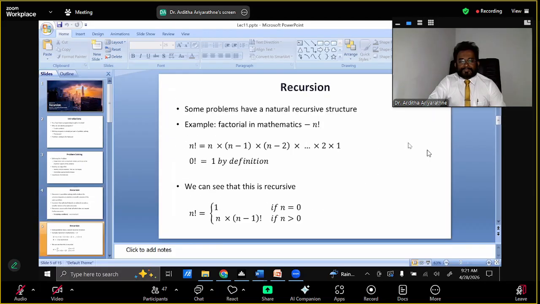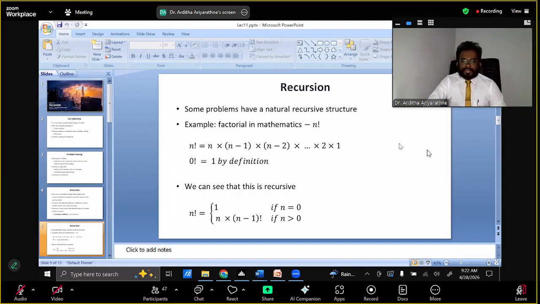Now I'm going to explain how we are going to implement this. Some problems have natural recursive structure. First, take some example. What is this? This is called factorial. In mathematics, all of us have learned about factorial. In Sinhala, we say ක්‍රමාරෝපිතය.